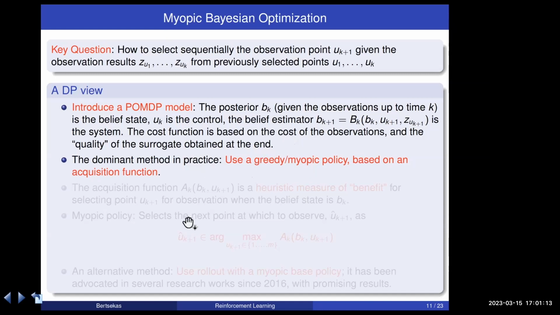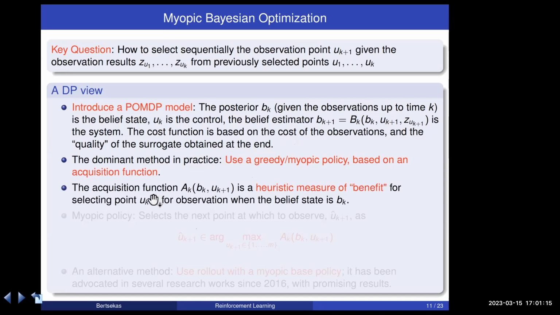Now, what is this acquisition function? The acquisition function at time k is a function of the current posterior and a new observation point, in some measure of the benefit that you would derive by selecting the point Uk plus 1 for observation when the belief state is Bk.